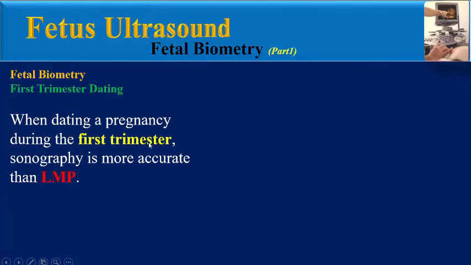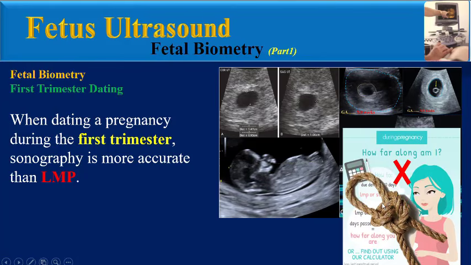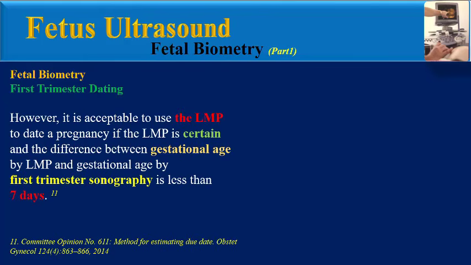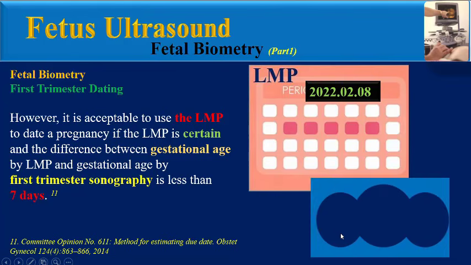When dating a pregnancy during the first trimester, sonography is more accurate than LMP. However, it's acceptable to use LMP to date a pregnancy if the LMP is certain and the difference between the gestational age by LMP and gestational age by first trimester sonography is less than 7 days.